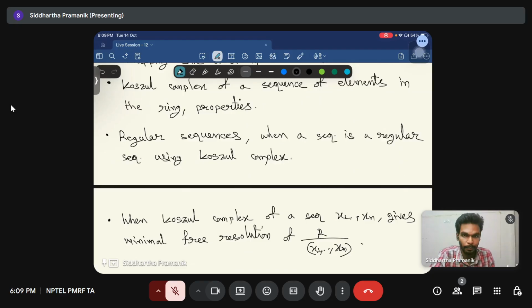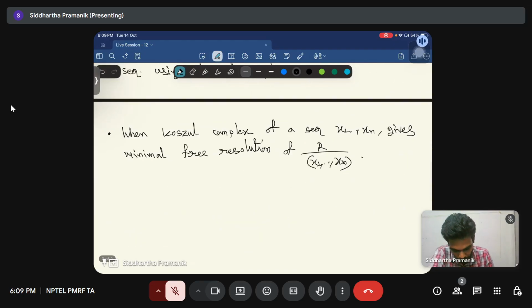Using that, we have concluded our proof of the Hilbert-Syzygy theorem when the ideal is a monomial prime ideal. Because a monomial prime ideal is basically an ideal generated by variables, and variables in the polynomial ring form a regular sequence.